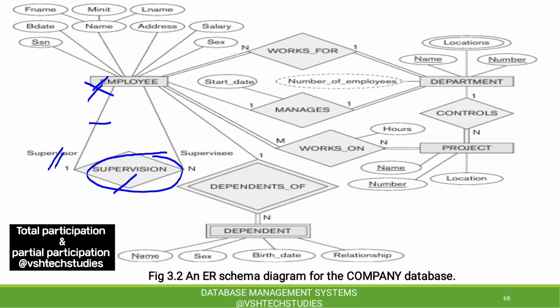That is why it is partial participation of employee entity in supervisor role. In supervisee role also, all the employees are not supervised by anyone. So hence the participation of employee in the supervisee role of the relationship supervision is partial participation.